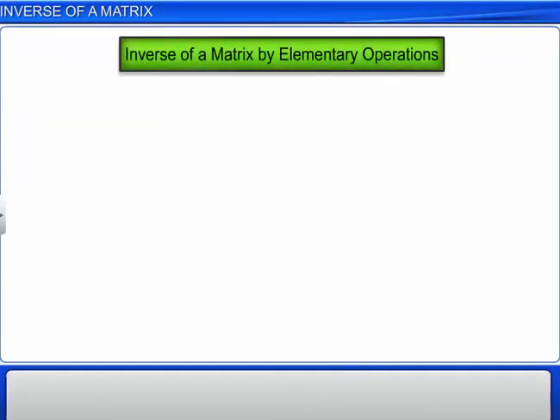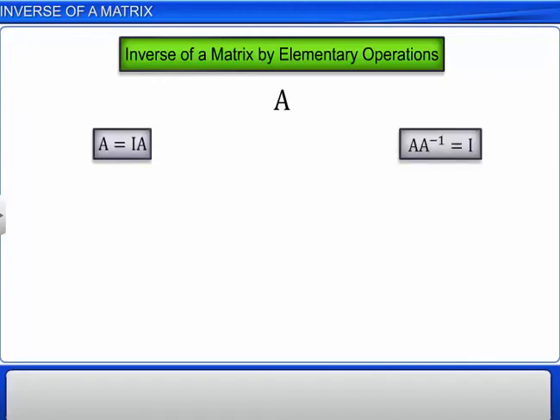Now, let's look at the method where we will find the inverse of a matrix with the aid of elementary operations. Let's see the idea behind finding the inverse of a matrix by elementary operations. Let's consider a matrix A. We can express this matrix as a product of a unit matrix and itself. We saw that a matrix multiplied by its inverse is equal to the identity matrix.